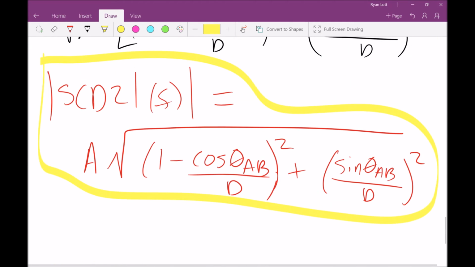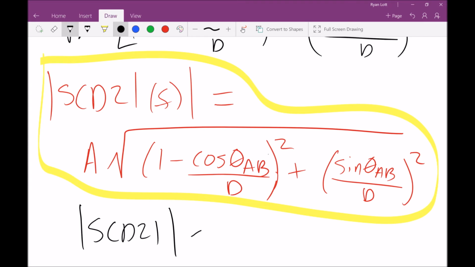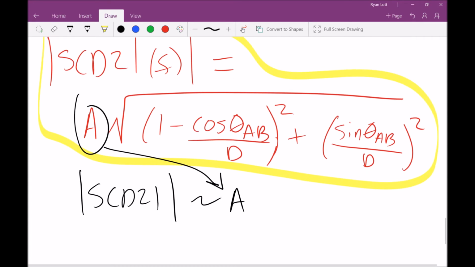But we also left out one variable, and that is the fact that SCD21, the magnitude of it, is directly proportional to A, which is proportional to loss.